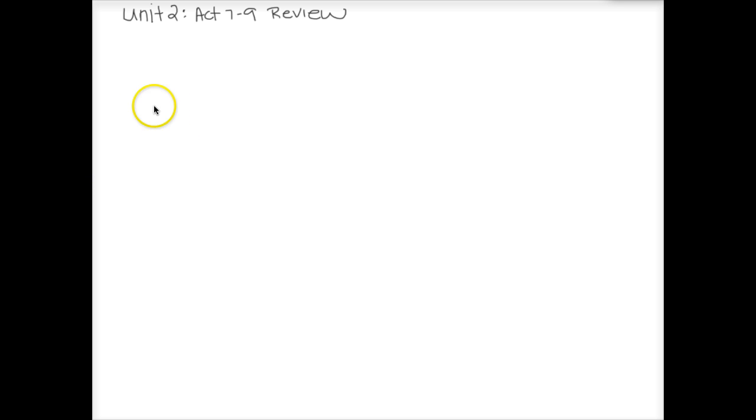So number 2, a lot of people had questions on, and this is identical to what we did in Lesson 7.1. So if you need to flip back there, that would be a good resource for you. In Lesson 7.1, we had a rectangle with a perimeter of 100.